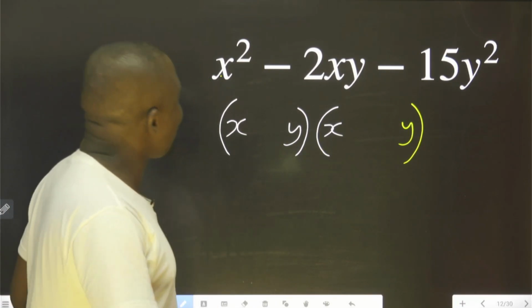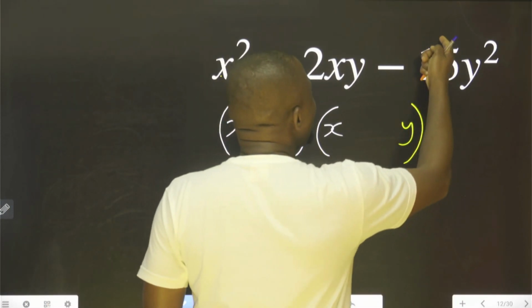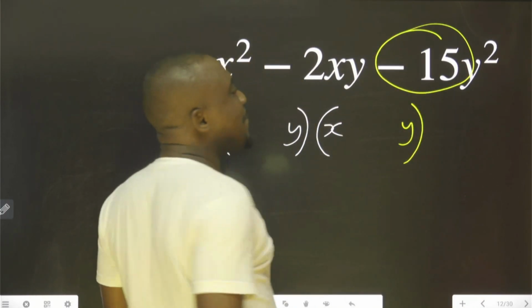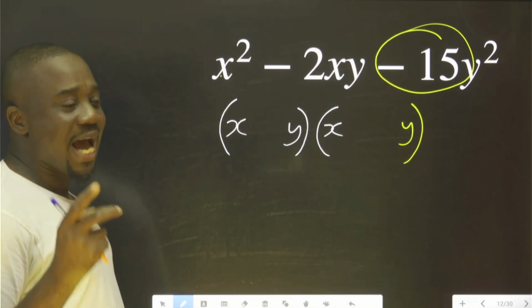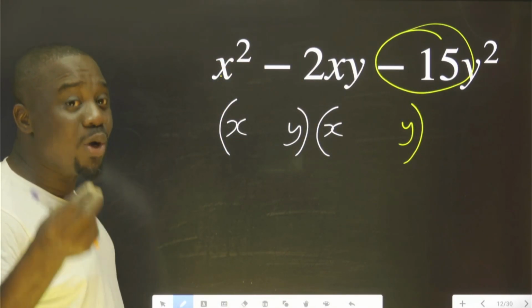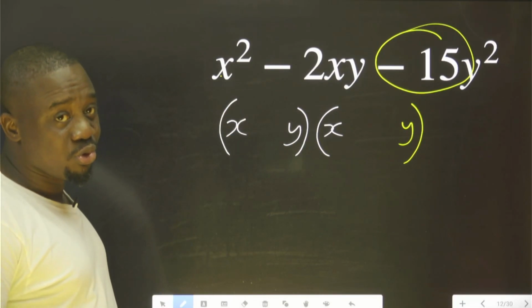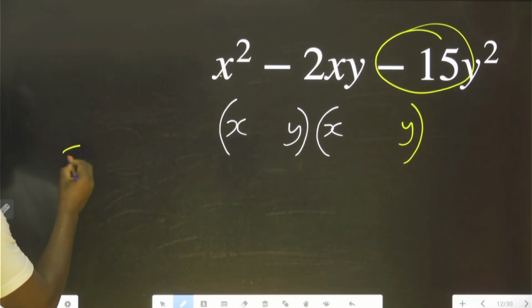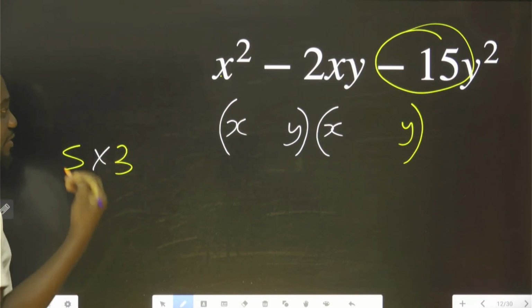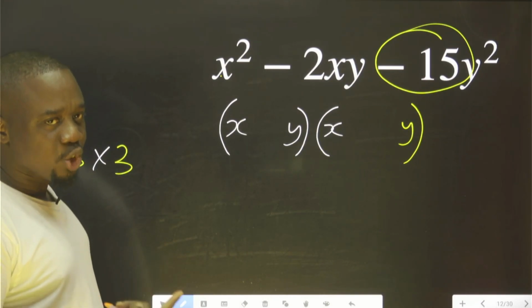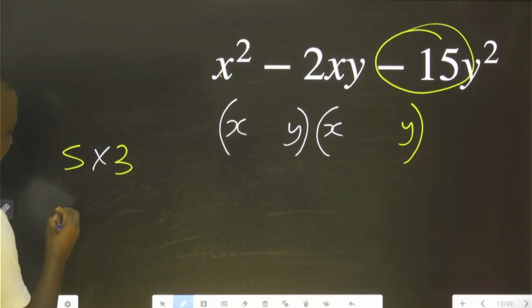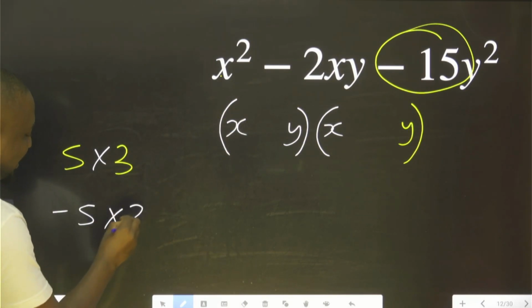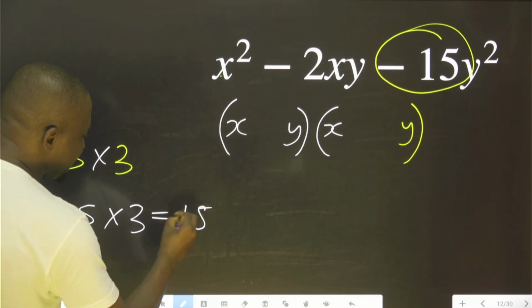Okay? Now, what is that thing you will do to have minus 15 when you multiply them? At the same time, if you bring them together through addition, you have minus 2. You agree with me that 5 multiplied by 3 will give us 15. So, what should we do to get minus 15? We can do minus 5 multiplied by 3 to get minus 15.